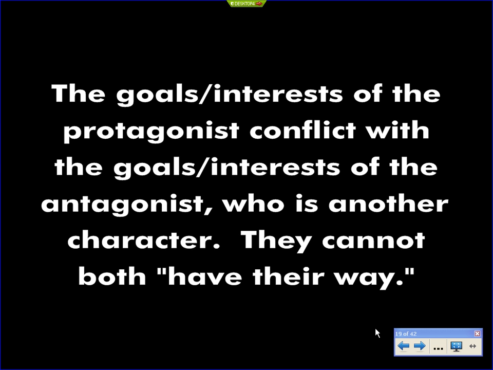Now, the problem in The Most Dangerous Game, and Connor, this is an excellent question, is extreme. One man wants to survive, the other man wants to kill him. That doesn't happen very often. That's pretty extreme.